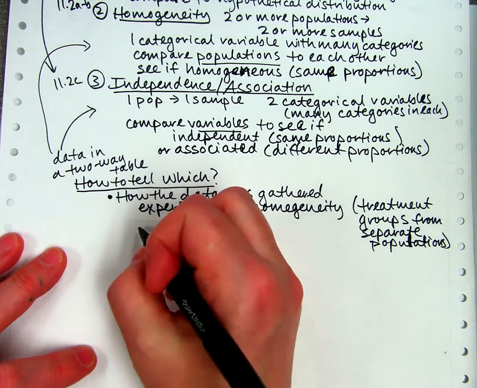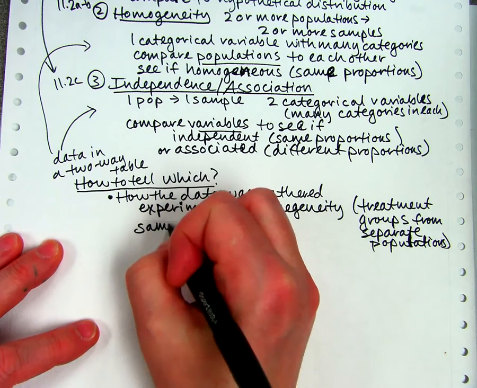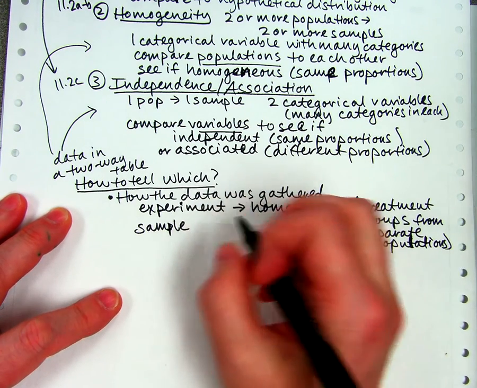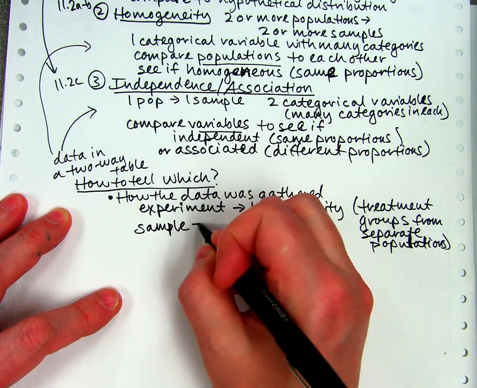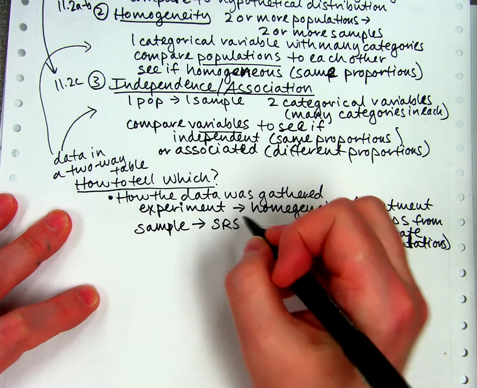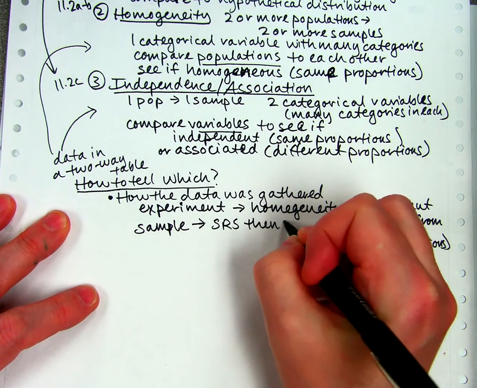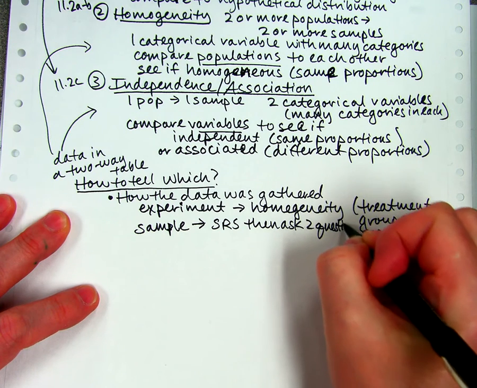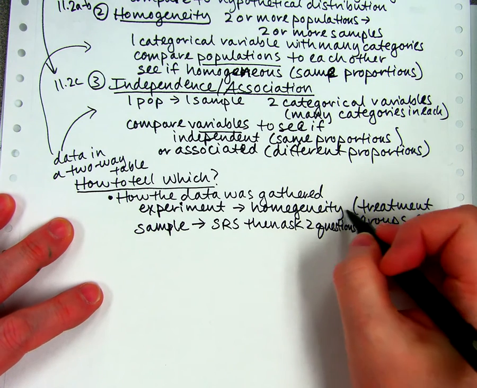If it's a sample, then it depends on whether you have a single sample or separate samples. So that's almost too obvious, but I'm going to tell you, if it's an SRS and then you ask two questions, or you gather two measurements, if it's not people, right?